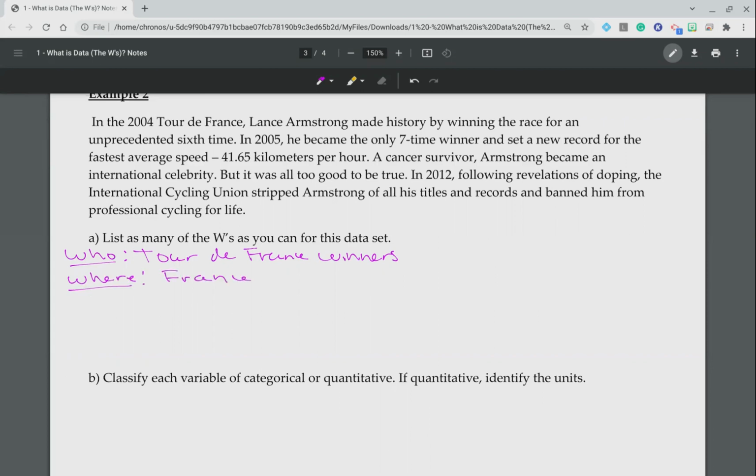It's the Tour de France. When? Well, looking at the dates throughout this, it looks like our first piece of information was in 1999 until 2014.